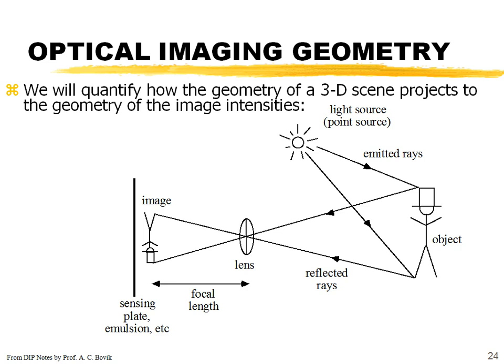Now, of course, if you look at the basic geometry of rays, it turns out that a projection system like this will always generate an inverted image. Right? So, by the way, does this hold true for the retina? You think the projection is inverted for the retina or not?